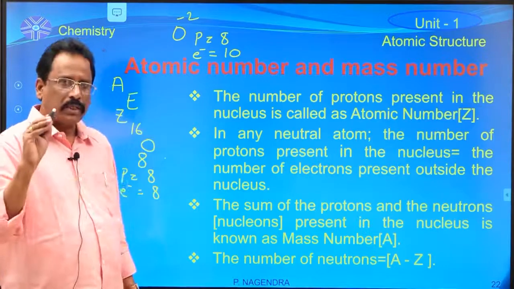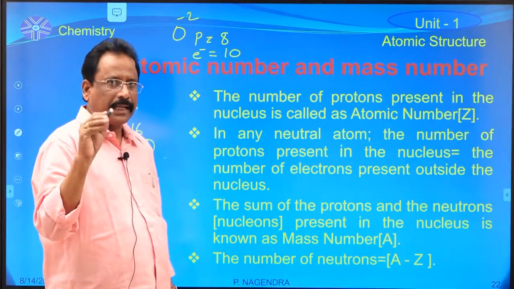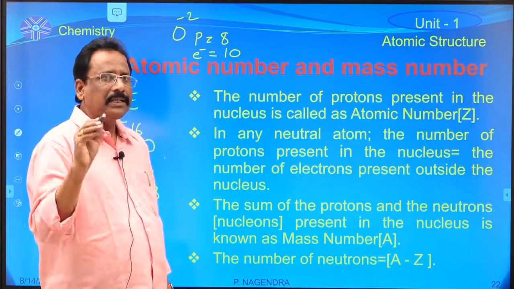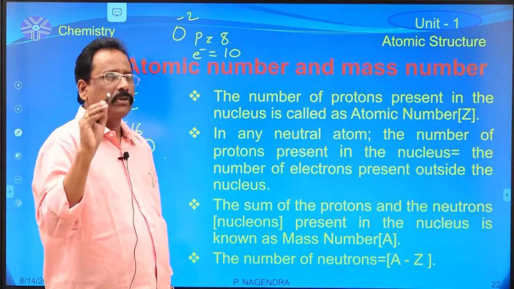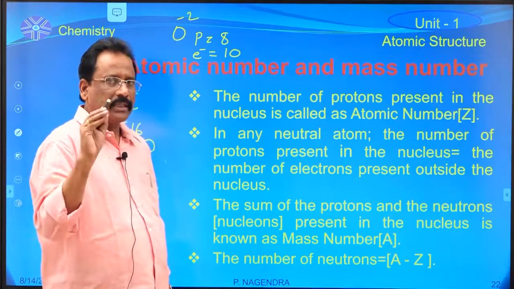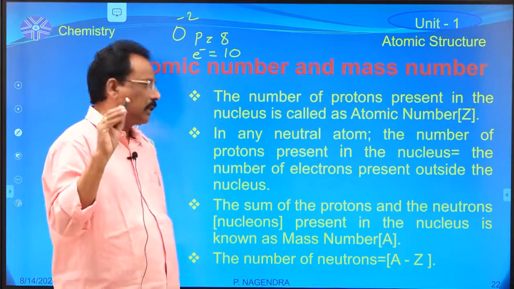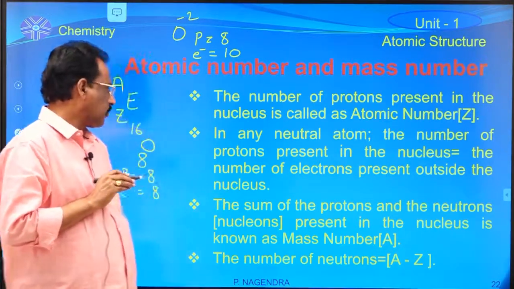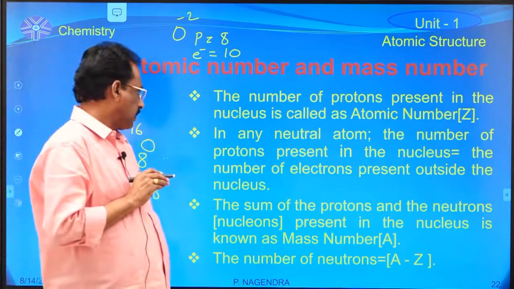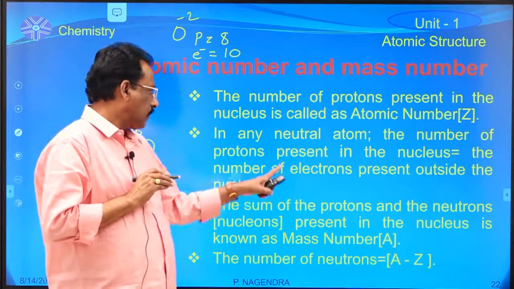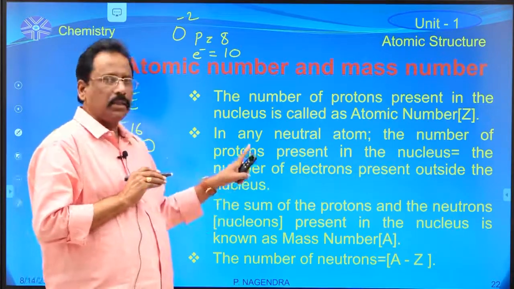According to Rutherford's alpha particle scattering experiment, each and every atom has a nucleus. Nucleus charge is positive. So, protons and neutrons are present in the nucleus. That's why mass number is nothing but the sum of the protons and neutrons present in the nucleus.